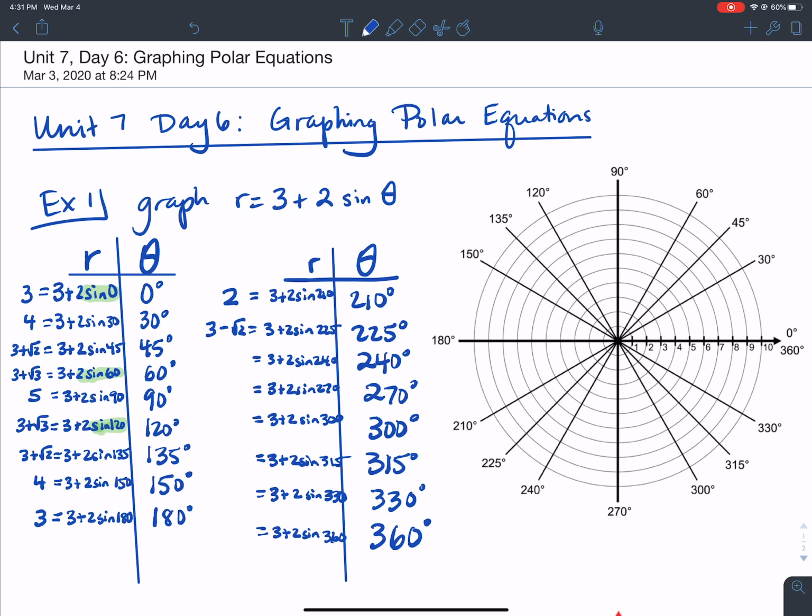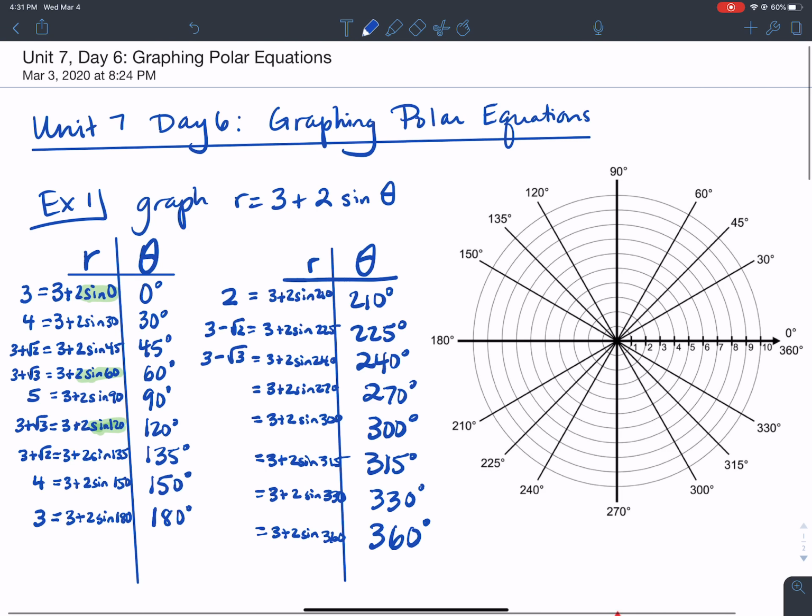For 240, you get negative root 3 over 2, and so this is a 3 minus root 3. And then for sine of 270, you get negative 1 times 2. So this is 3 minus 2, which is just a 1.